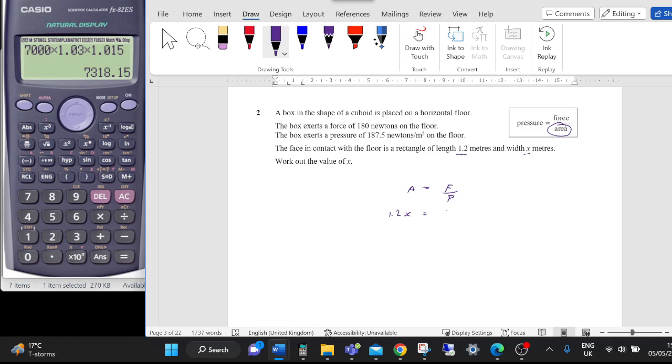And the force is 180, and the pressure is 187.5. So I can be a bit fancy and rearrange this before I type anything into my calculator and just do 180 divided by 187.5 and then divide that by 1.2.